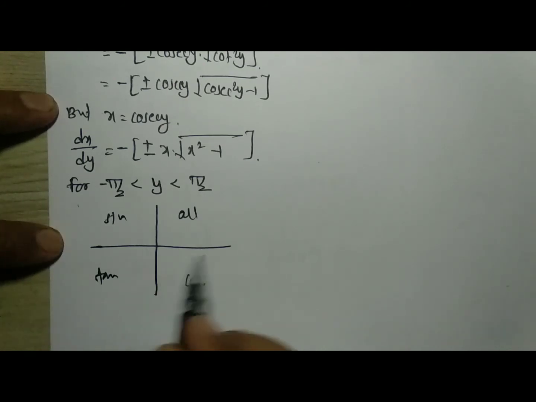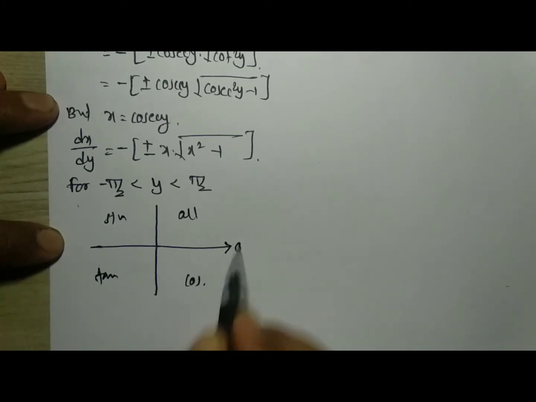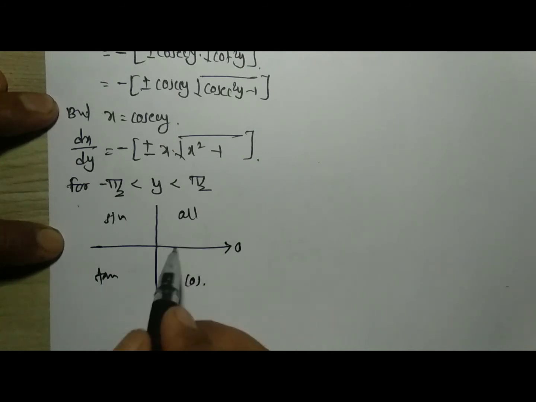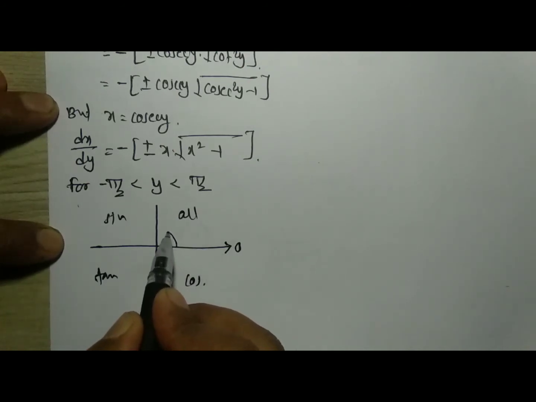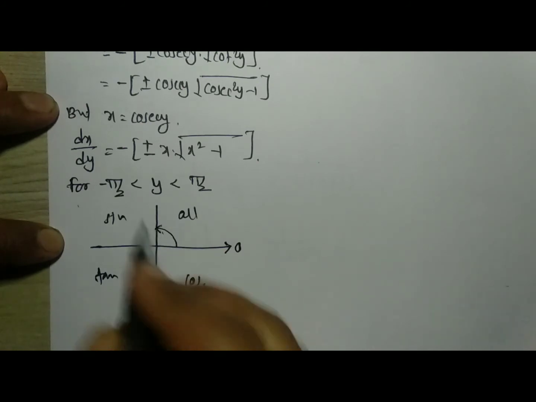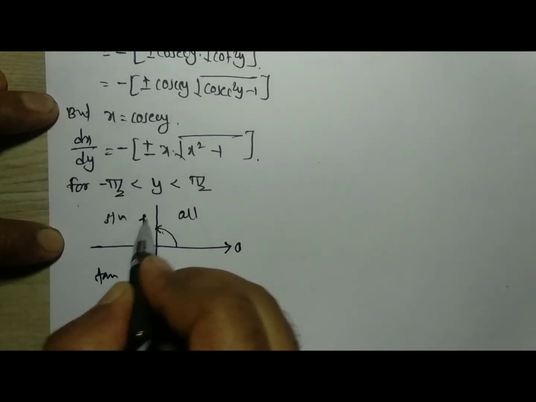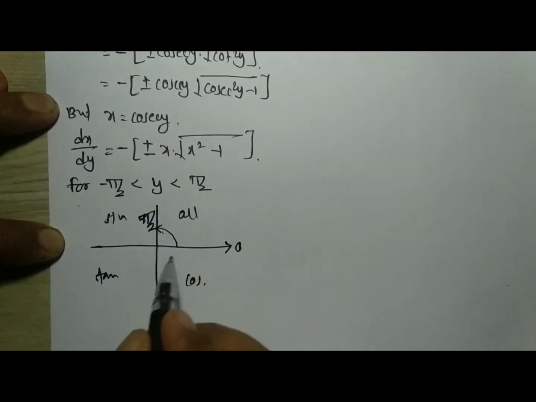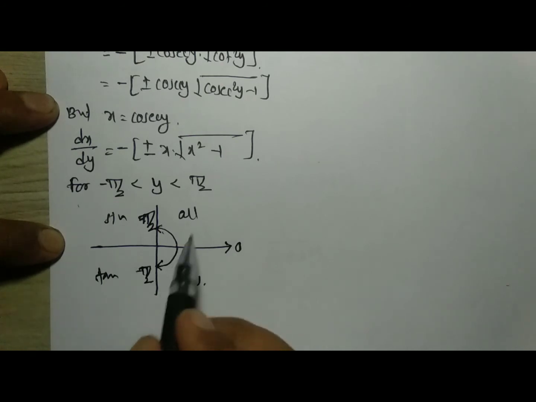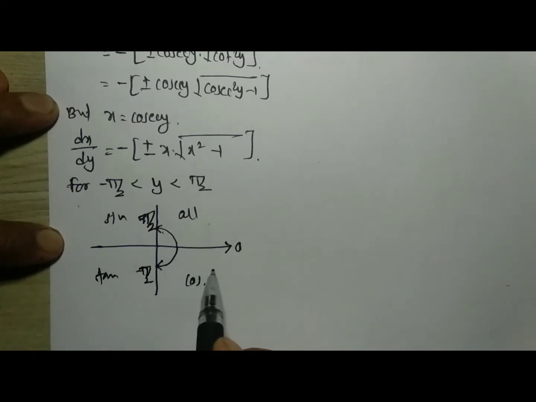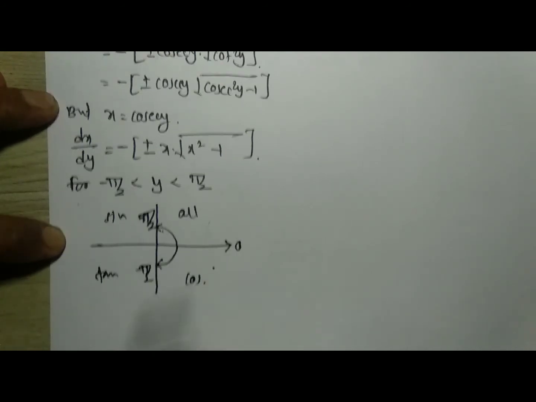I am repeating it once again. You start from 0 at the positive x-axis and go in an anti-clockwise direction. Here you complete pi by 2, and going in a clockwise direction, here you complete minus pi by 2, and therefore you are inside the first quadrant and fourth quadrant.